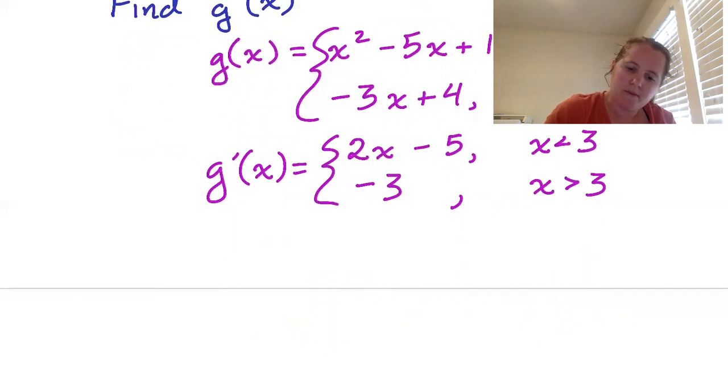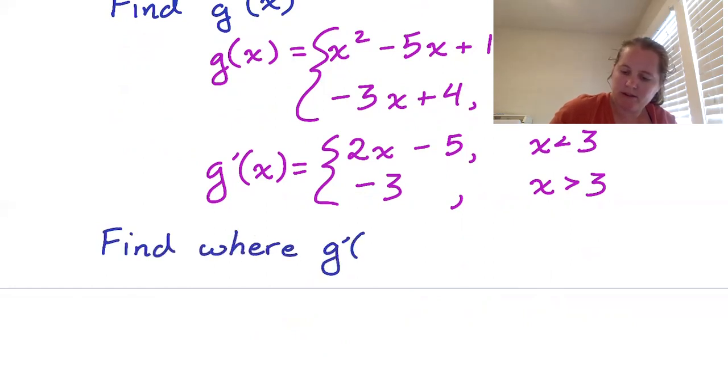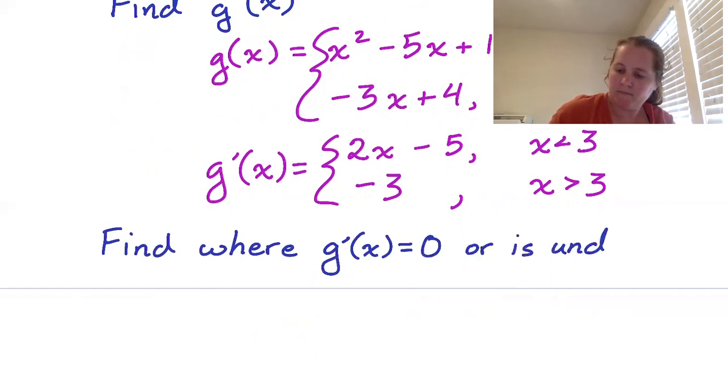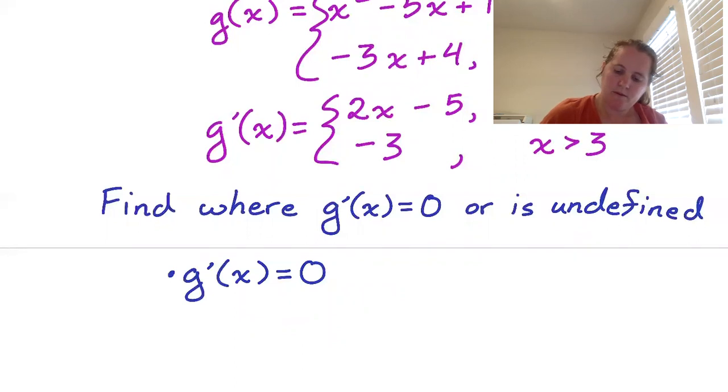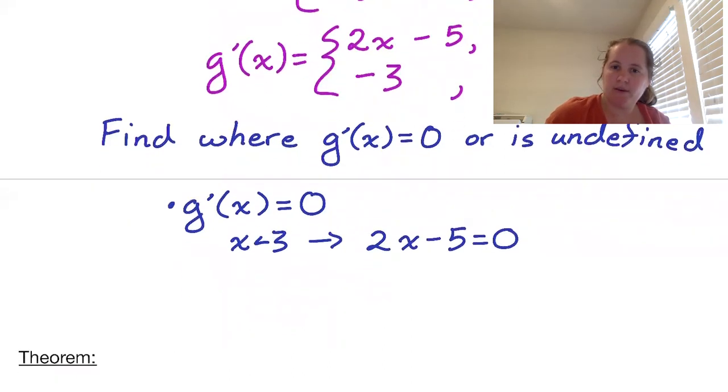So now we're going to find where g prime of x equals 0 or is undefined. For g prime of x equaling 0, for x less than 3, we look at 2x minus 5 equals 0, and that winds up being x equals 5/2 or 2.5.